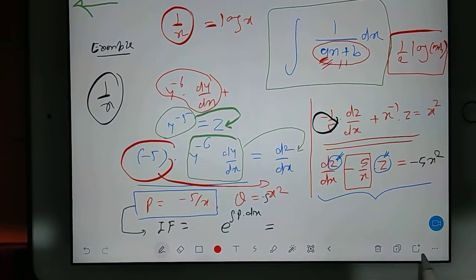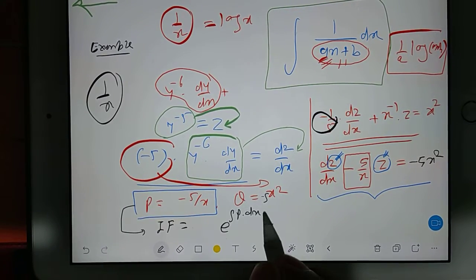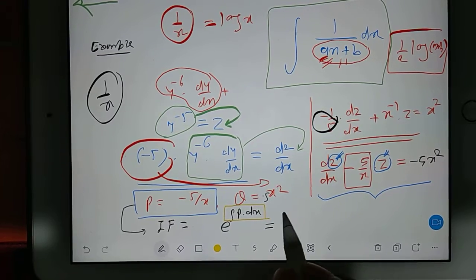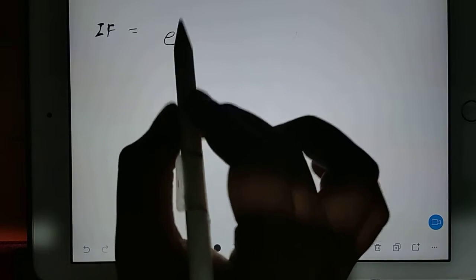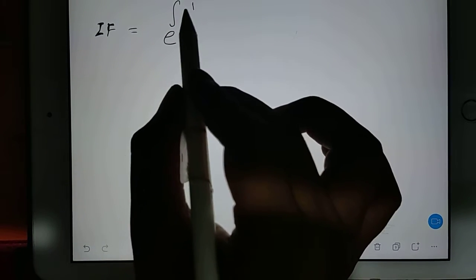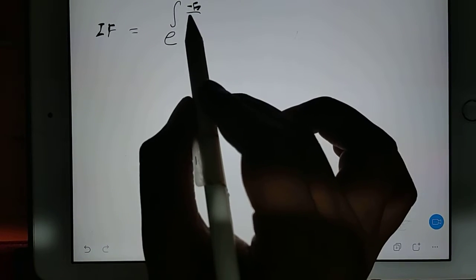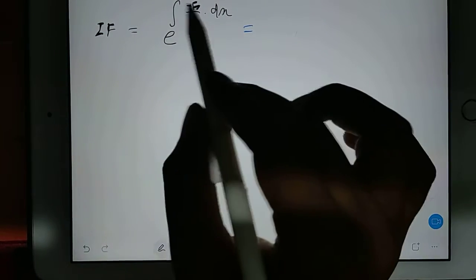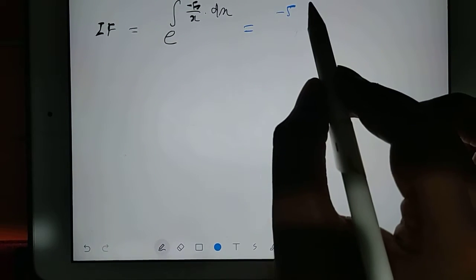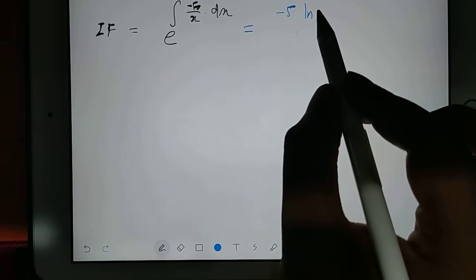Okay. Now you just do this part here. Replace this part here. So how will you replace this part here? I'll change the page. So integrating factor is e power integration of P, which is minus 5 by x, into dx, right? So when you integrate, take minus 5 outside, and then it will be log, log means ln x, right?